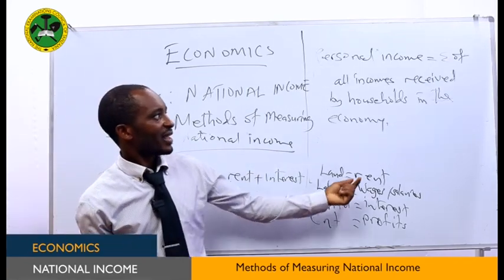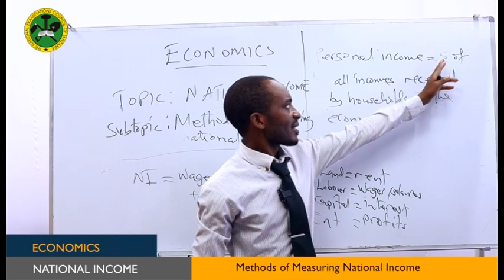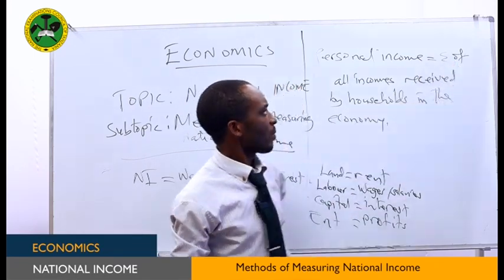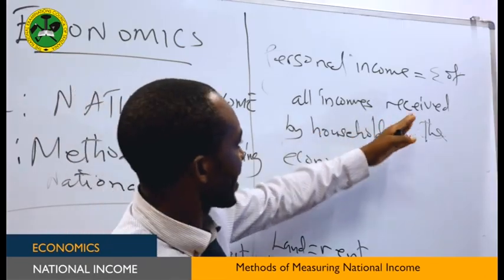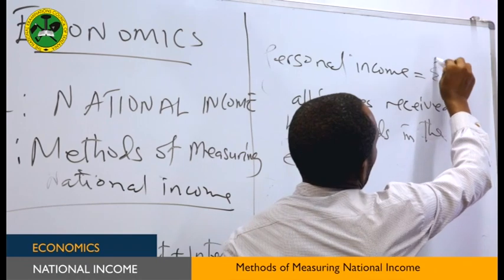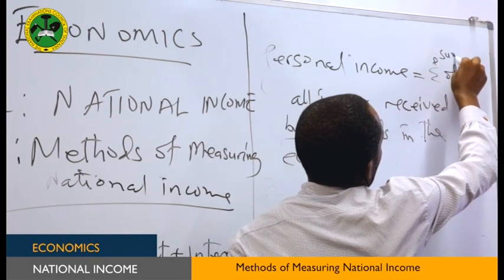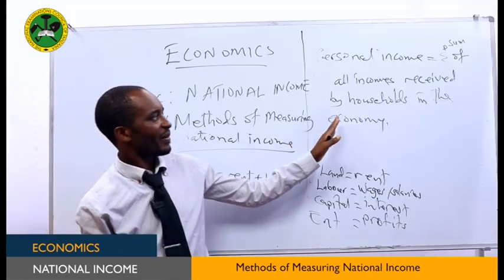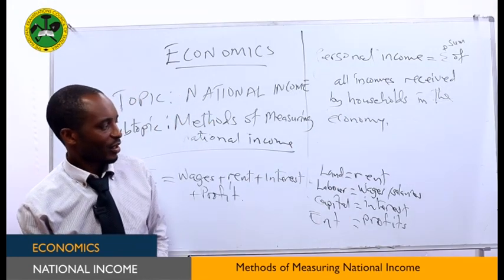Personal income is equal to the summation, or sum, of all incomes received by households in the economy. So what does this symbol stand for? Sum. So you take the total of all incomes received by households in the economy.